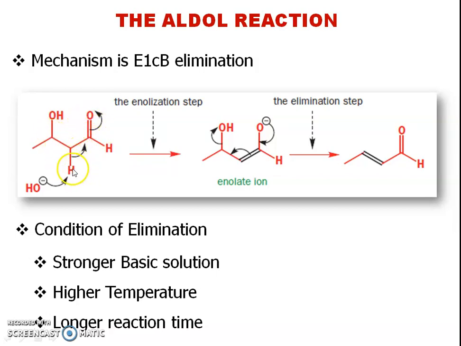So it forms an enolate first, the enolization step. Then that enolate undergoes an elimination step like this. That is, this pi bond will be restored, then this double bond breaks, and this hydroxy group will get eliminated. This is called the E1cB mechanism.